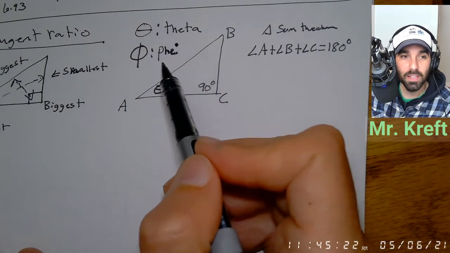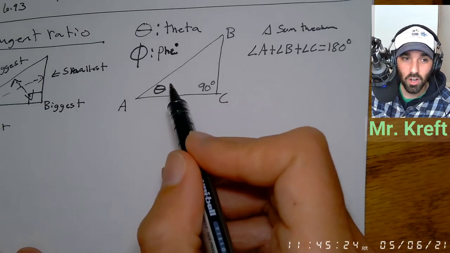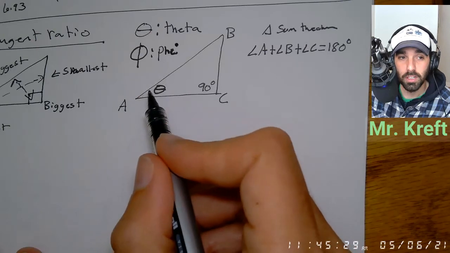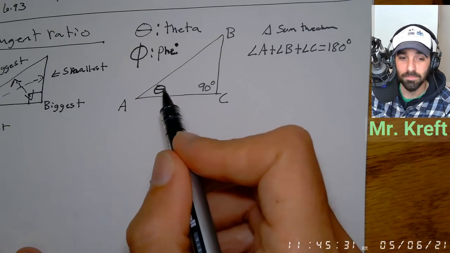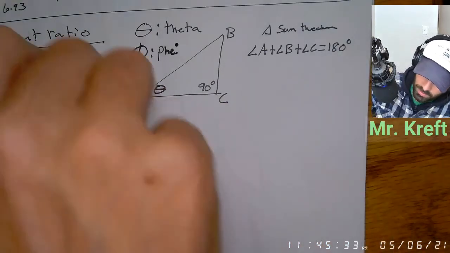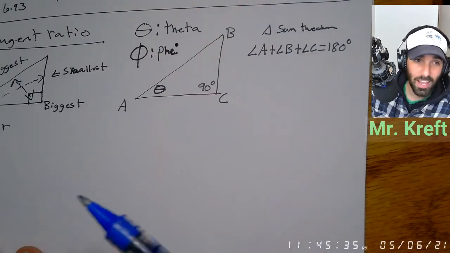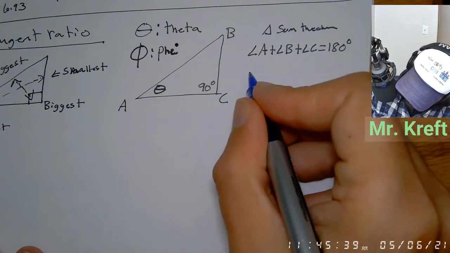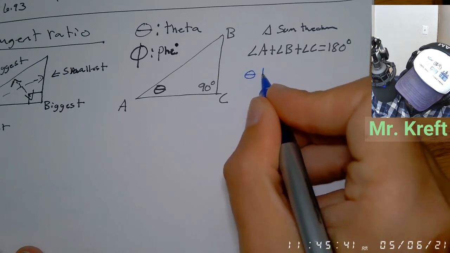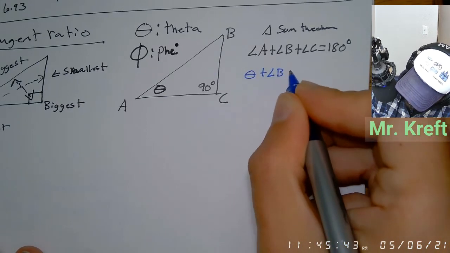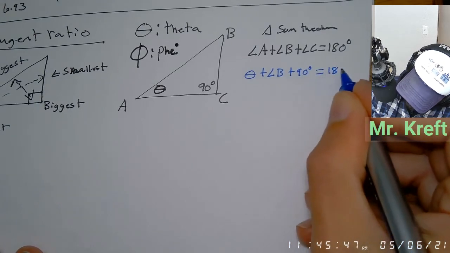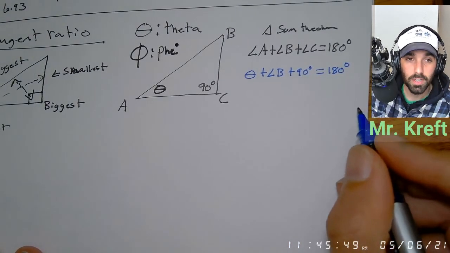Okay, so theta and phi. We use theta and phi to reference angles. So we're going to call this angle theta. Let's take a look at this equation, and I'm going to solve for angle B. So I have theta plus angle B plus 90 equals 180 degrees.